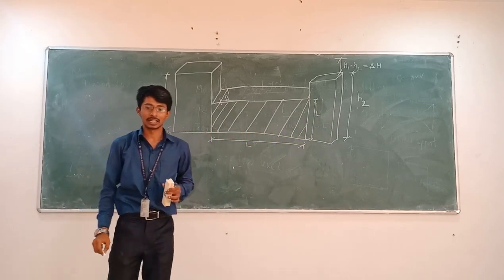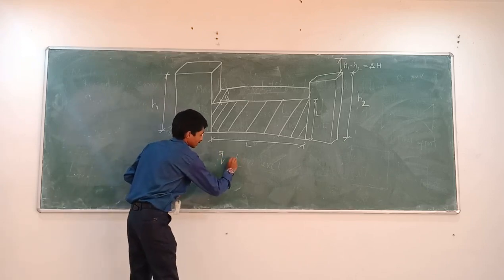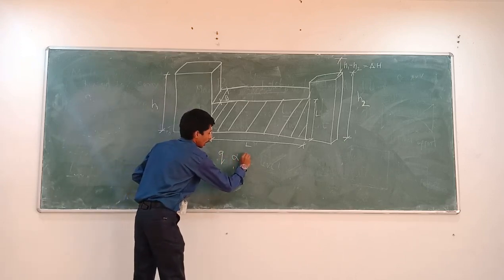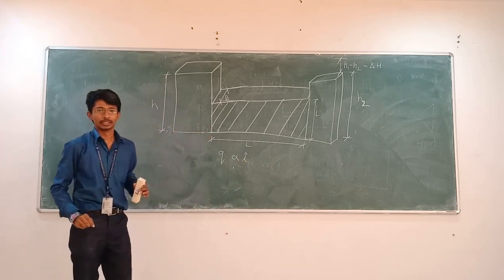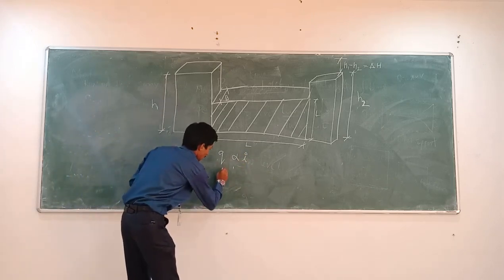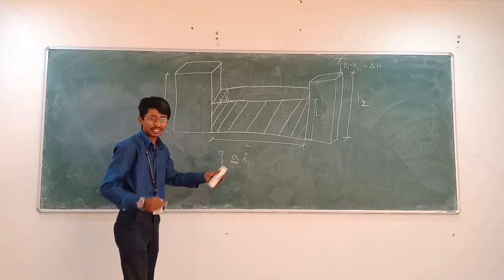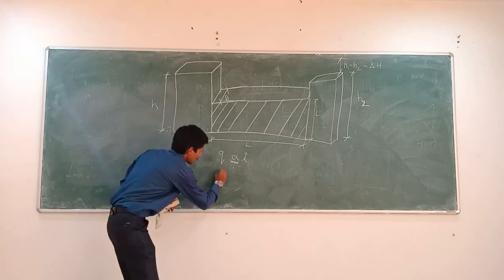As per Darcy's law, the discharge per unit time is directly proportional to the hydraulic gradient. This is the first one in Darcy's law. Then I have to remove this limit of proportionality, so I am introducing some constants.